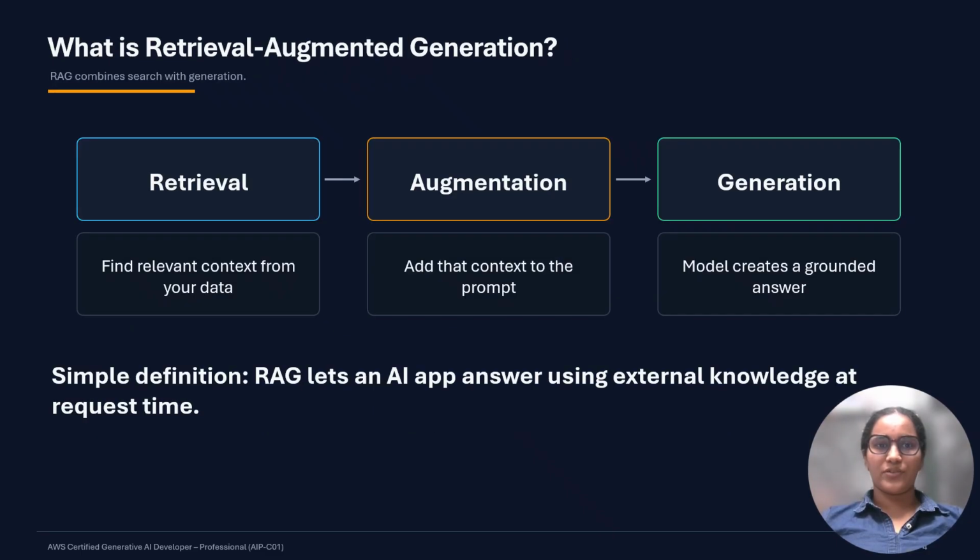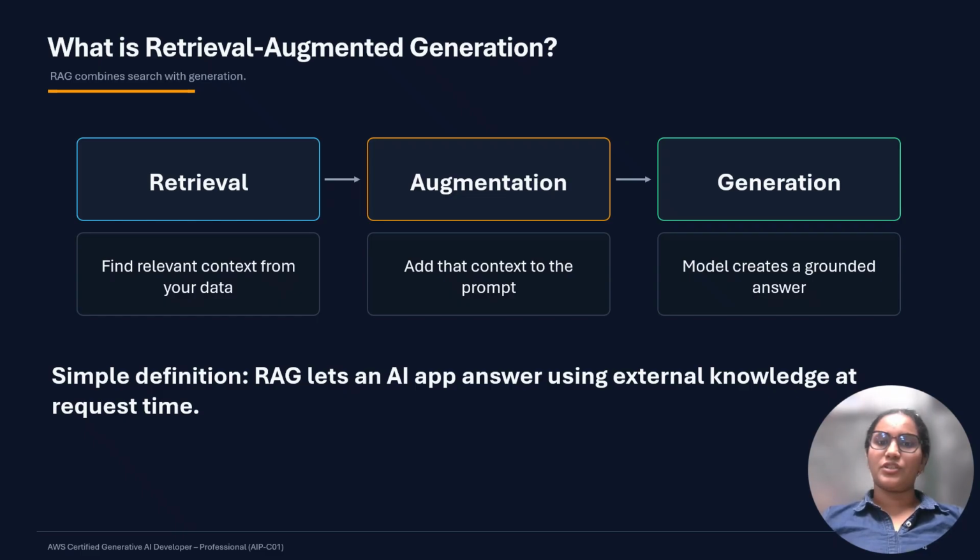RAG stands for Retrieval-Augmented Generation. Break the term into three parts. Retrieval, which means the application searches for relevant information from a trusted data source. Augmentation means the application adds that retrieved information into the prompt or context given to the model.